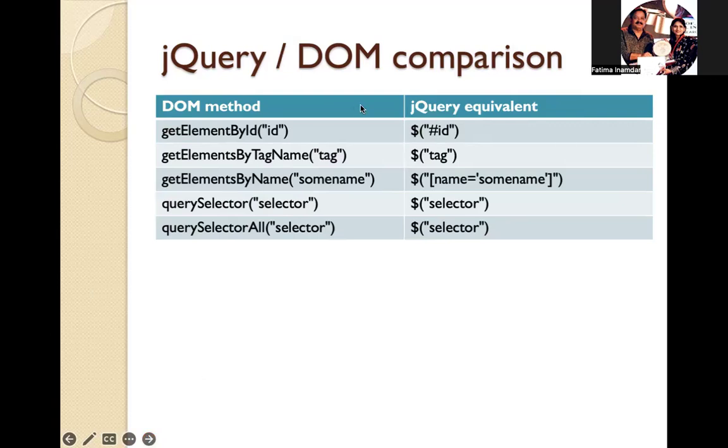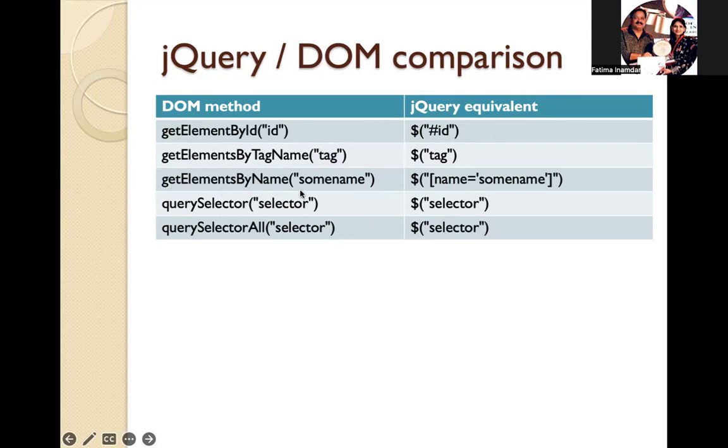Next we consider jQuery and DOM comparison, where we have to understand what is equivalent to jQuery in the DOM methods. For the DOM method getElementById, in jQuery we write dollar and then the function, or the hash ID method, to represent the element by ID. For element by tag name, we write dollar and in the double quotes we provide the tag, for example the div element.